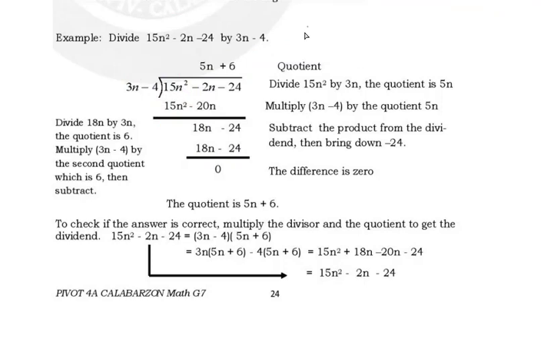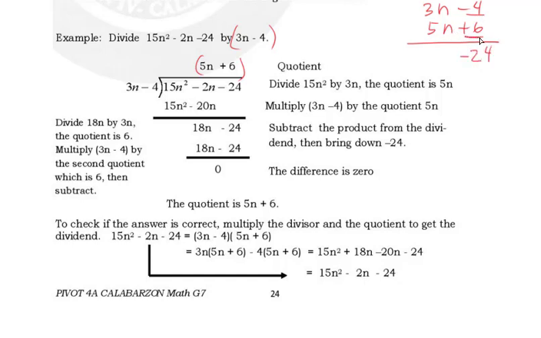Okay, let's erase. Let us multiply 3n minus 4 times 5n plus 6. Positive 6 times negative 4 is negative 24.